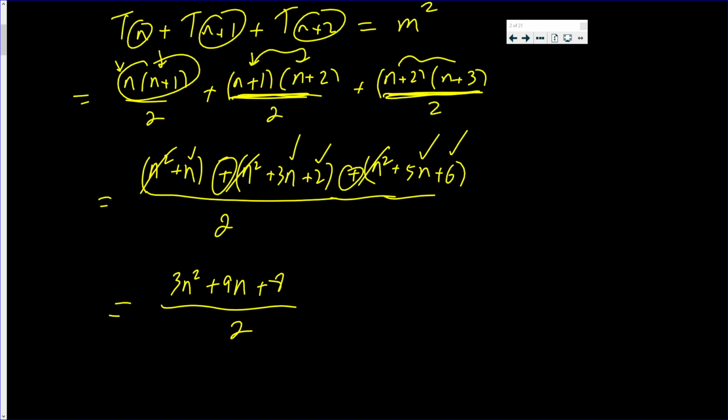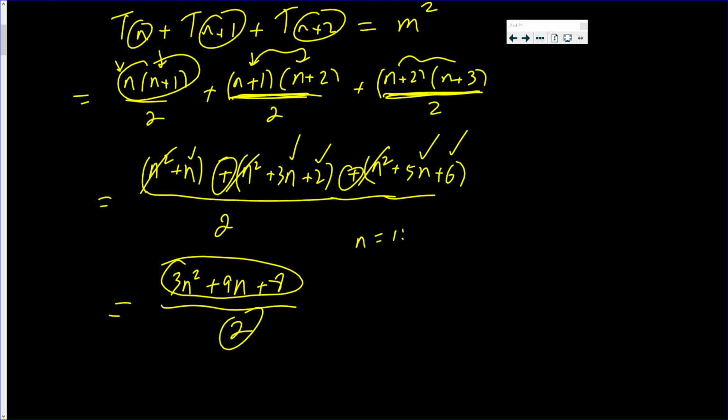Now, we want this to be a perfect square. The numerator has to be 2 times a perfect square. Because if the numerator was 2 times some number squared, when you divide it by that 2, you'll get m squared, or a perfect square. So we just try.